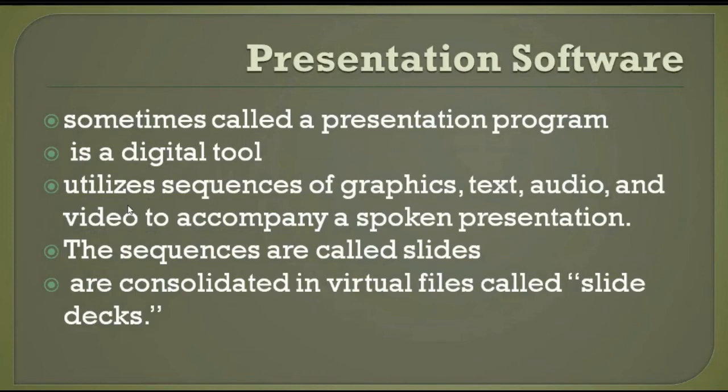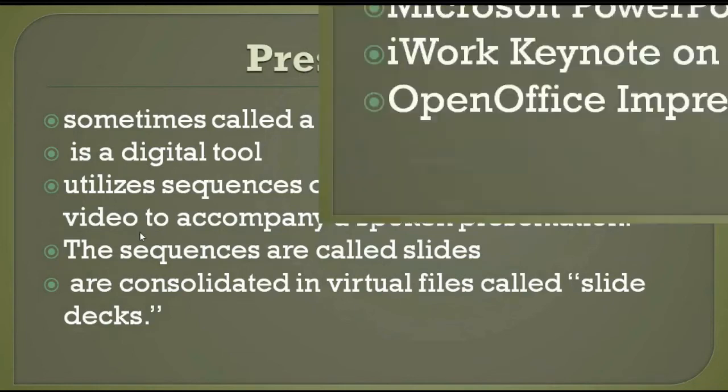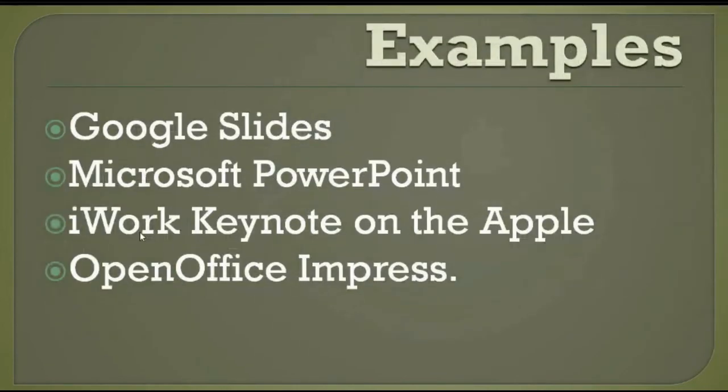These are in a sequence, and these sequences are called slides. When it is consolidated in virtual files, it is called slide decks. The examples are Google Slides, Microsoft PowerPoint, that is a familiar one, iWork Keynote, that is for Apple computers, and OpenOffice Impress.